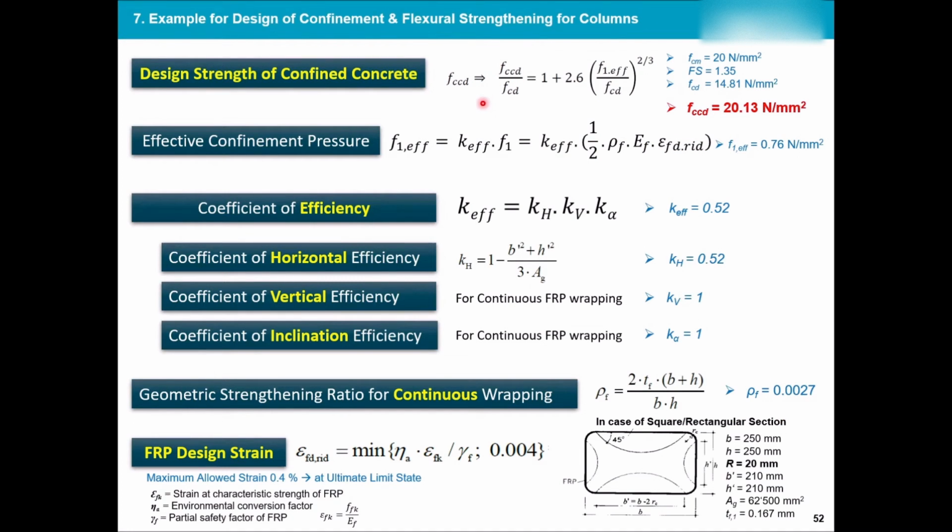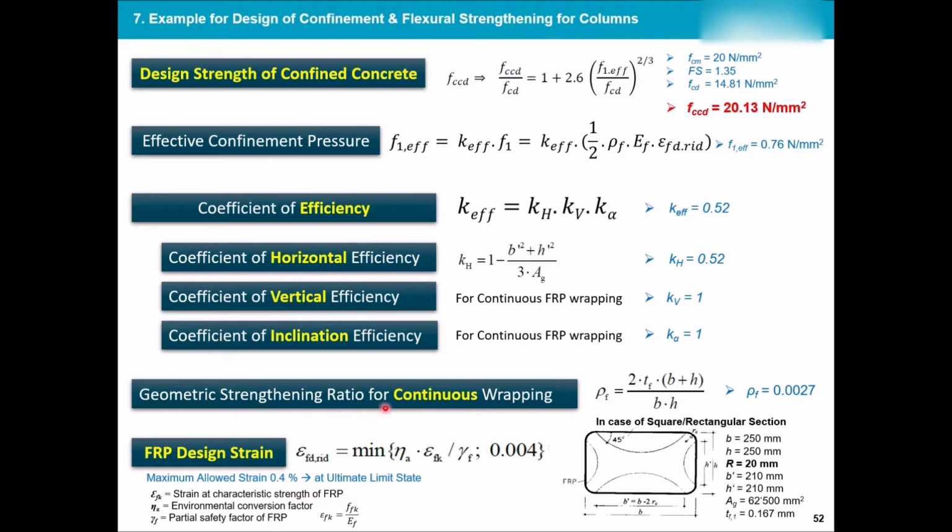FCCD, if you remember, is very similar to what we did in the small eccentricity. So this was the formulation, the effective confinement pressure, which was F1 effective, comes back. The coefficients of efficiency, which consisted of the coefficient of horizontal efficiency, the coefficient of vertical efficiency, and the coefficient of inclination efficiency, come all into play, exactly similar to what we did with small eccentricity.